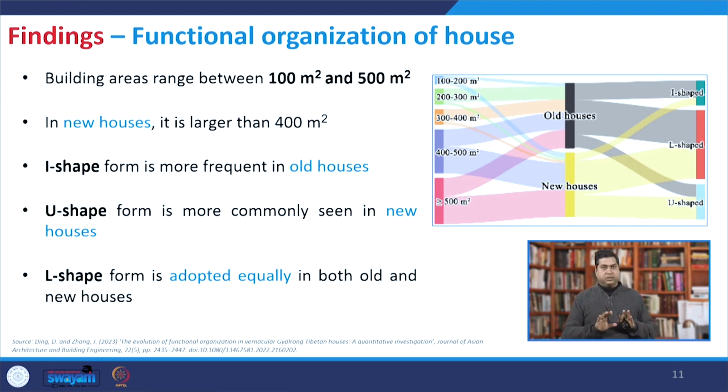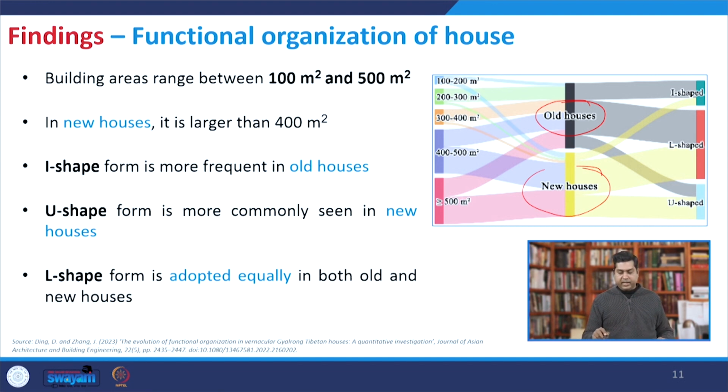Now, based on this analysis, the authors have reported the overall findings, as they have already mentioned that out of 82, 56 were old houses and 26 were new houses, and then they tried to understand the size of the built-up area.